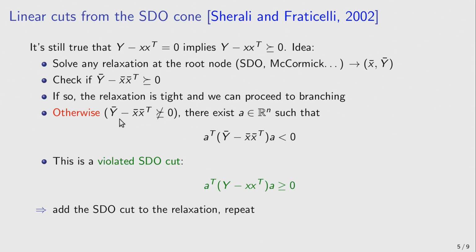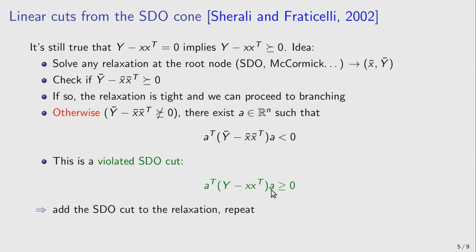Because positive semidefiniteness of this matrix means that for every vector, A transpose times the matrix times A is greater or equal than 0. So if you find this vector A, all you need to do is use it to create a new cut where A is the coefficient you just found, and y times x transpose is a set of variables.